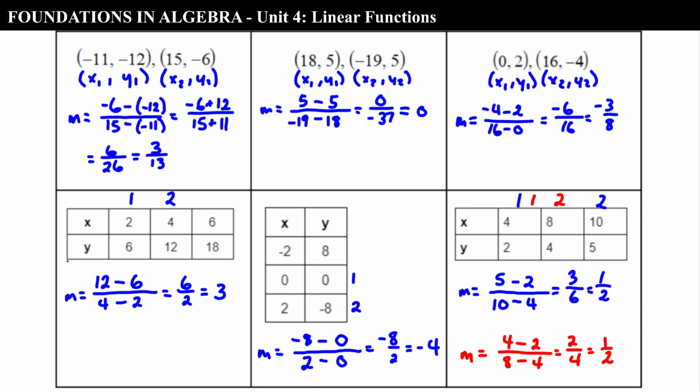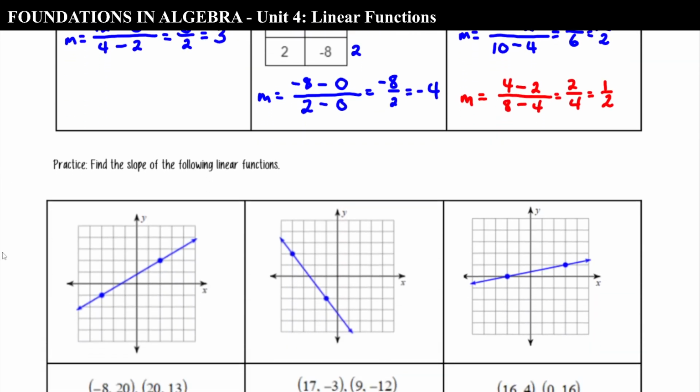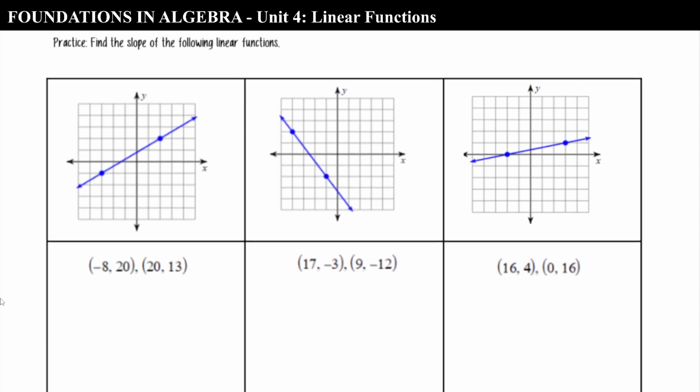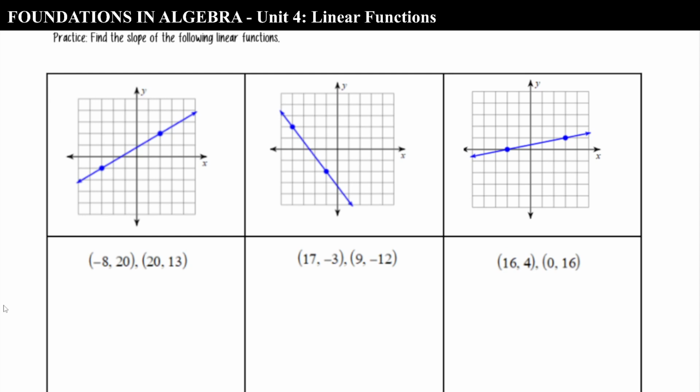All right, let's wrap up this section by finding the slope of these linear functions. Now, we have done graphs already, and we have done that by doing rise over run. But you can use what these ordered pairs are to find what your slope is.